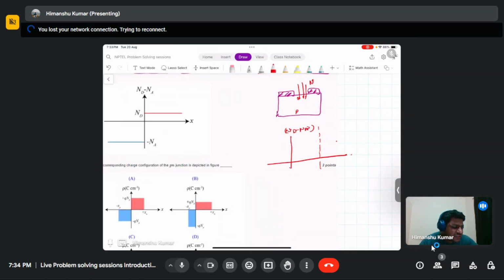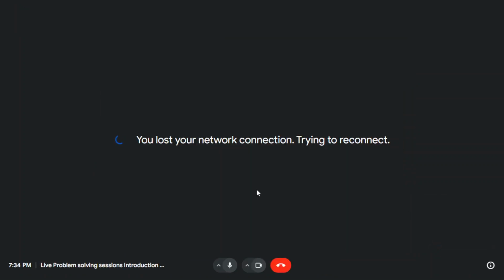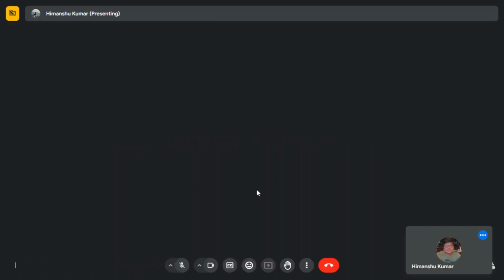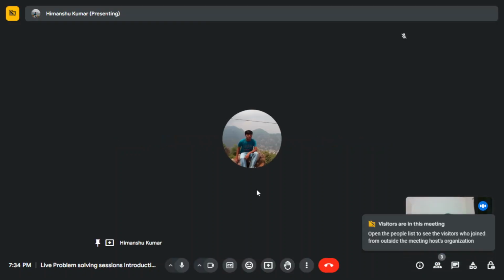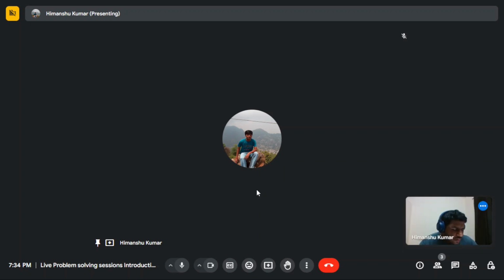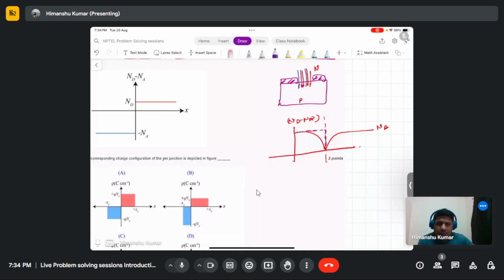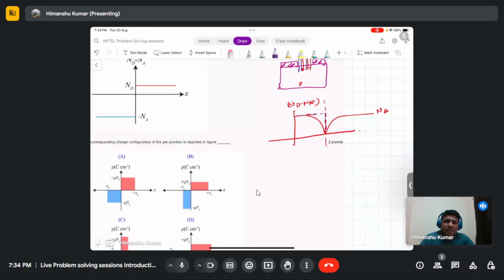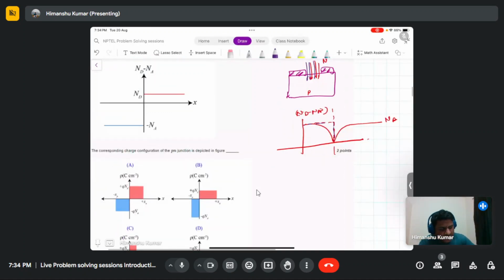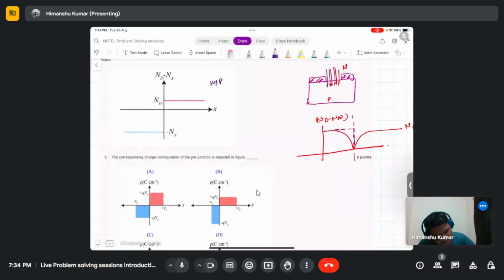But at the junction, this profile will not be that sharp, it will be a bit staggered. So in the real sense the junction will look like this. This kind of junction is very hypothetical, but best to understand the concept.